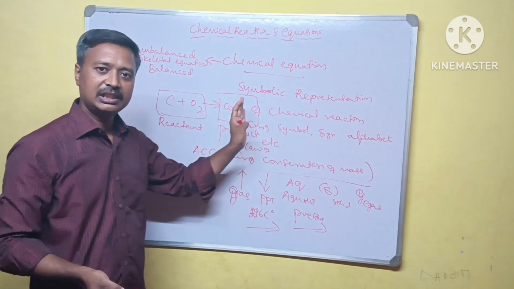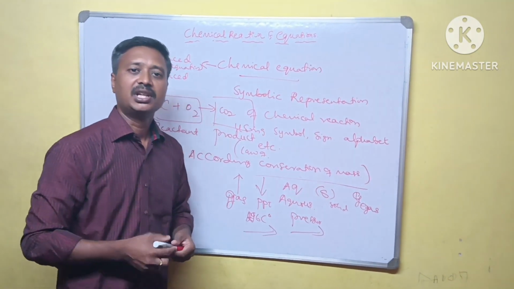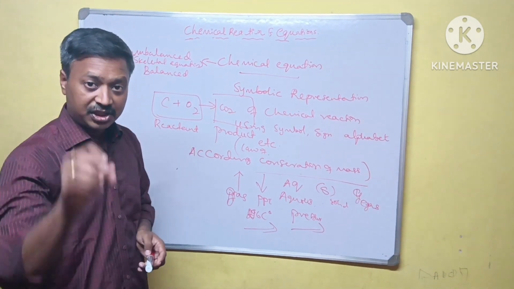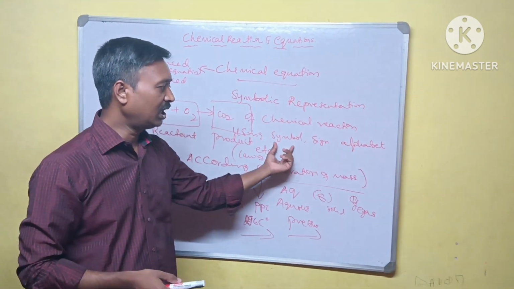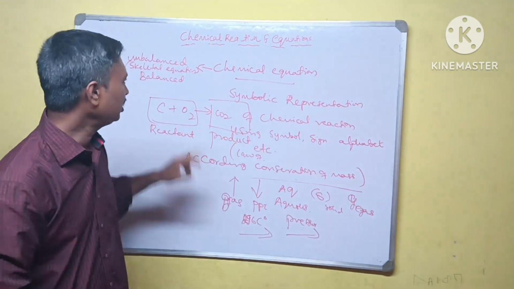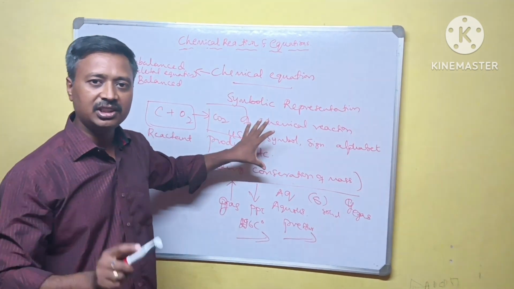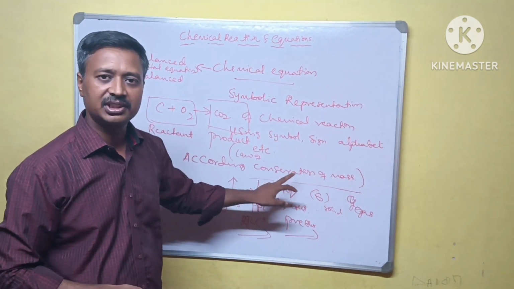Any doubt? A chemical equation is a symbolic representation of a chemical reaction using symbols, signs, alphabets. There are two types, balanced and unbalanced, and it is written on the basis of the law of conservation of mass.